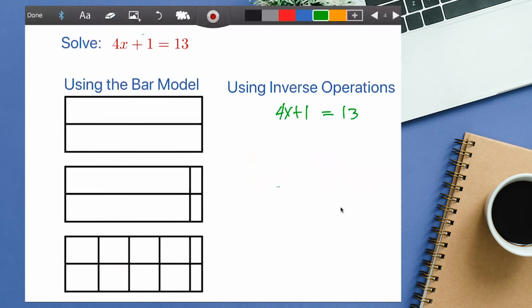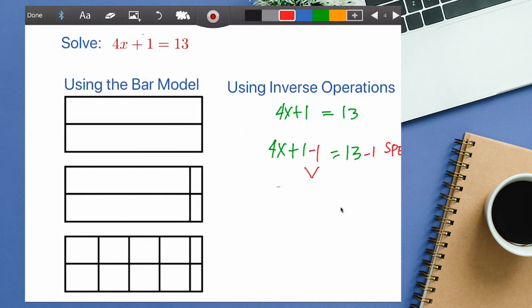In this case, we need to get rid of, or eliminate, 1 from the left side. Using inverse operations, we will now have 4x plus 1 minus 1 equals 13 minus 1. And this is justified by the subtraction property of equality. And we also know that a number plus its additive inverse is equal to 0 by inverse property.